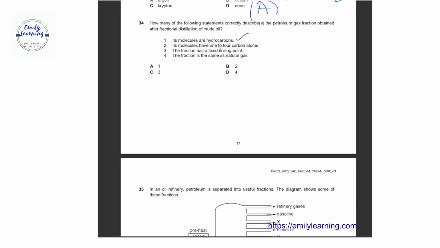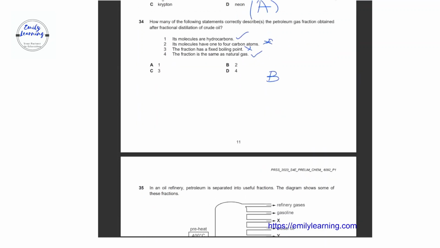Its molecules have 1 to 4 carbon atoms. Not necessary. Fixed boiling point? No, it is a mixture. It boils over a range of temperatures. The fraction is the same as natural gas? Yes, petroleum gas is the same as natural gas. So there are two statements that are correct. So the answer is B.